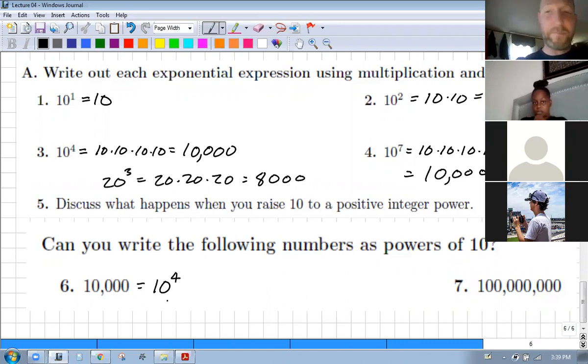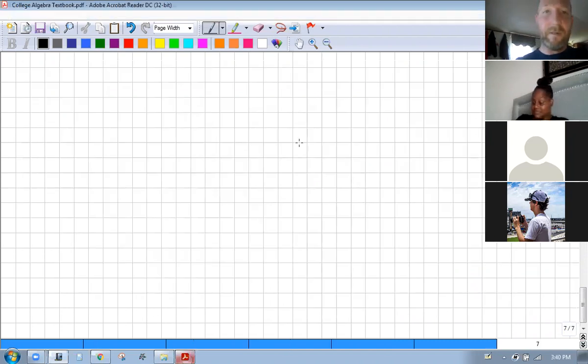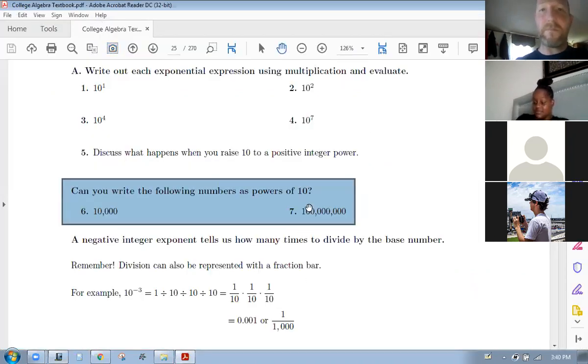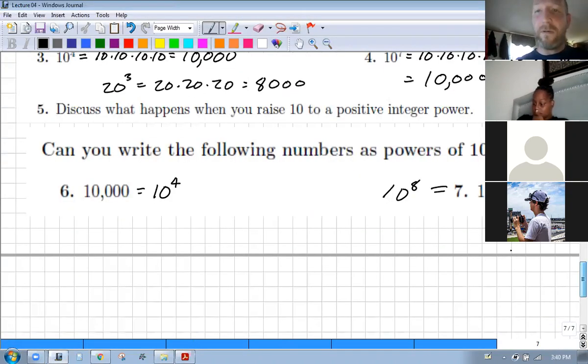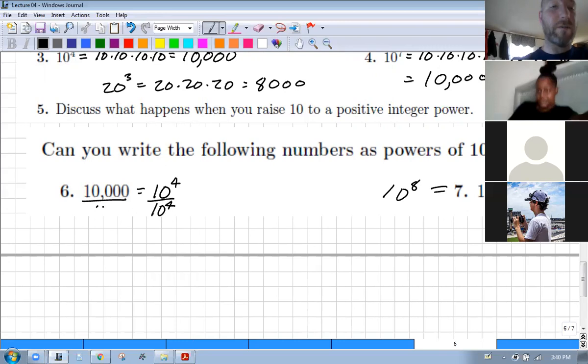That's right. What about this one over here? 10 to the 8th. And you could find these answers by dividing it by 10. Yeah, exactly. How many times you have to divide by 10? So divide both sides by 10 to the 4th, and you'd get down to 1.